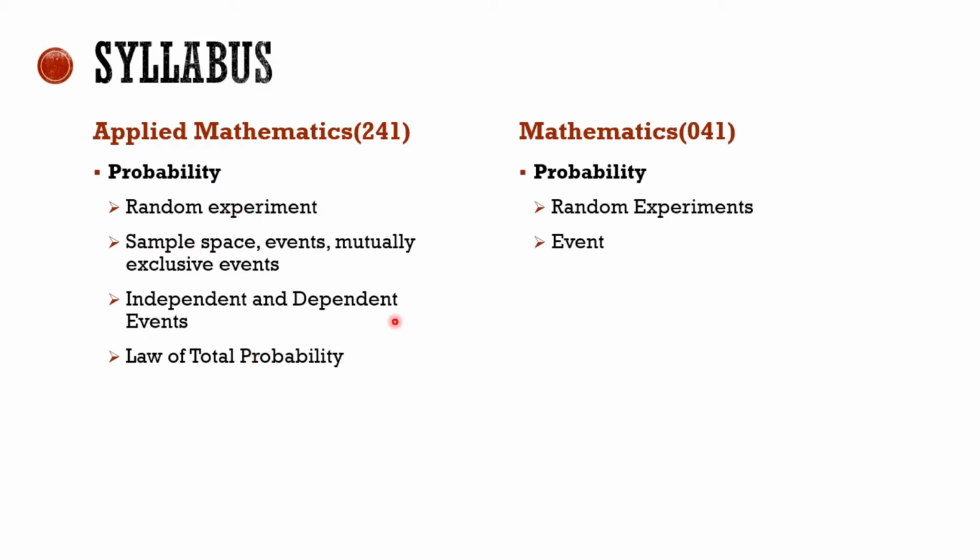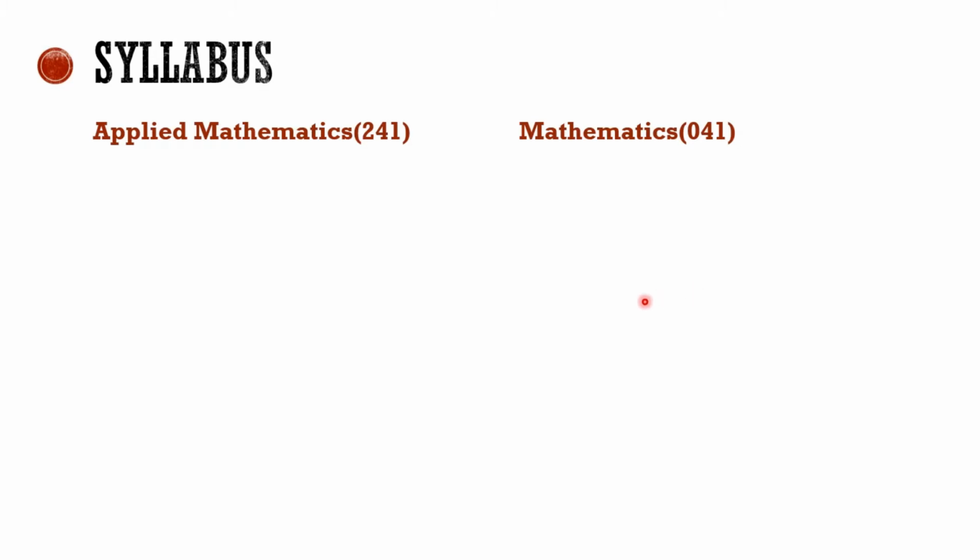It is not in mathematics. And one more, Bayes theorem, which is also given in applied mathematics as a part of probability, but not covered in mathematics. Here only random experiment, events and different approaches of probability are given.